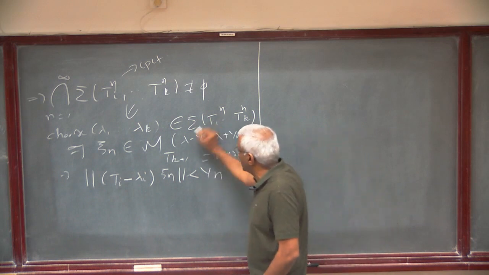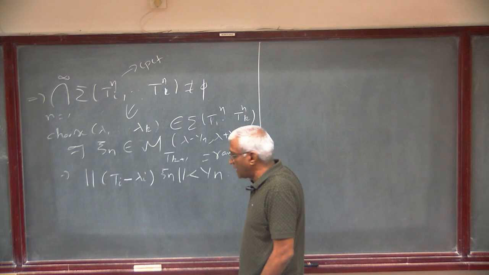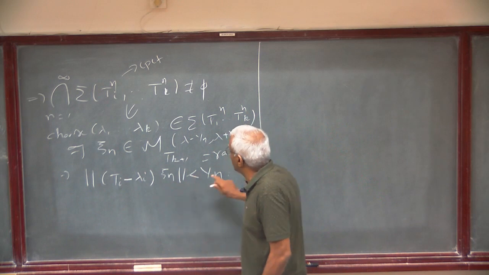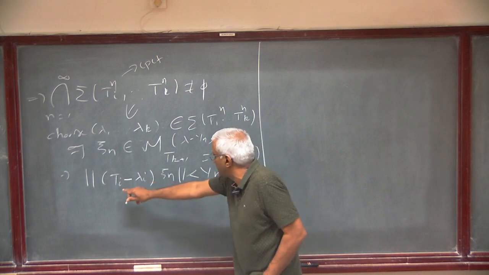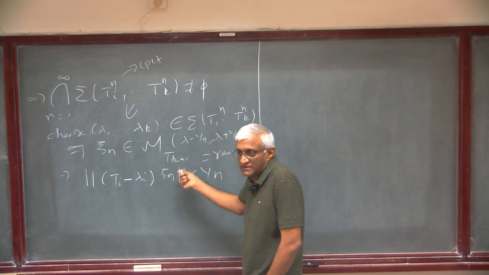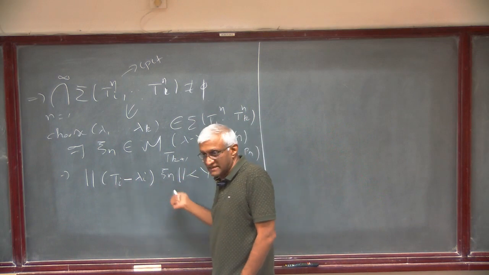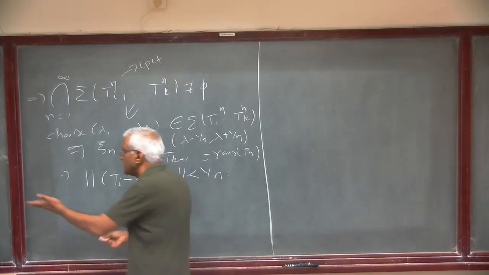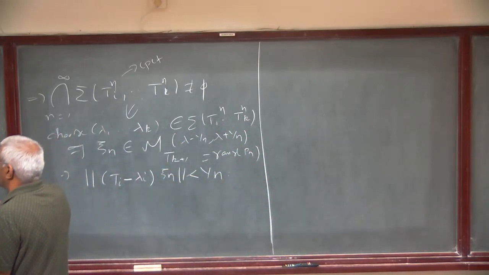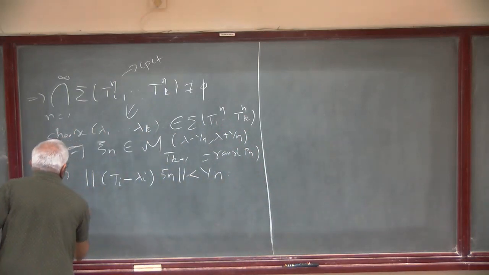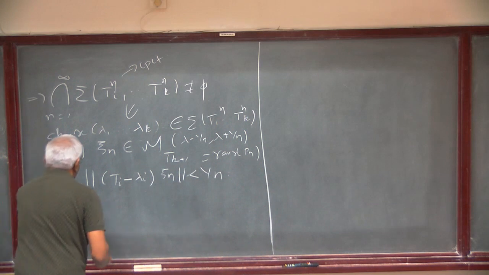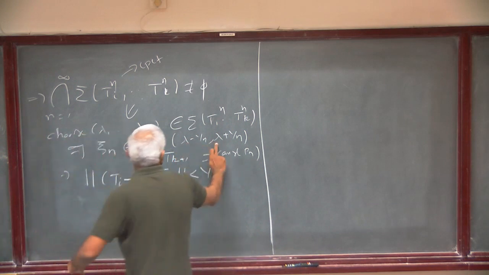And since this works for Tn, it works for T also. Now this Xn gives an approximate eigenvector, a joint 1 by n approximate eigenvector, for all these Ti. On the other hand, this Xn is in this set.